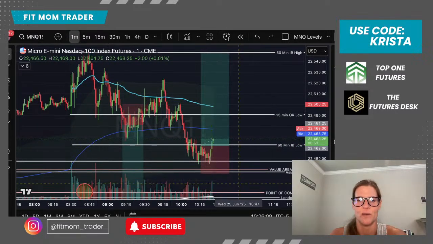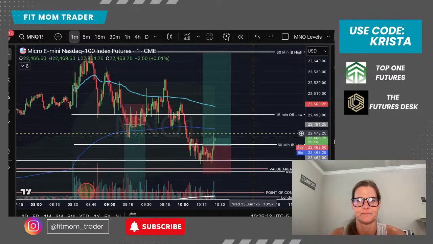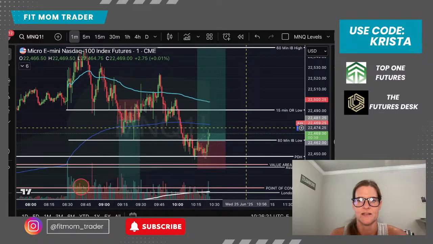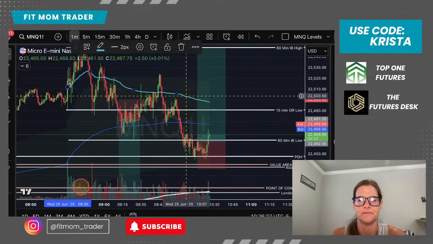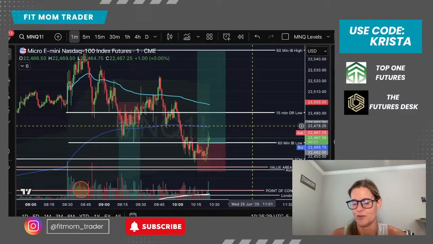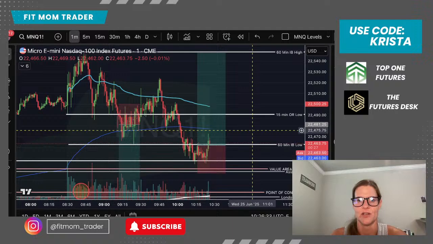I know it's just a 1 minute candle, but I do like to pay attention to volume. Still some resistance overhead though with this VWAP, that VWAP. We got some stuff to get through if we're gonna move higher. So not celebrating yet.